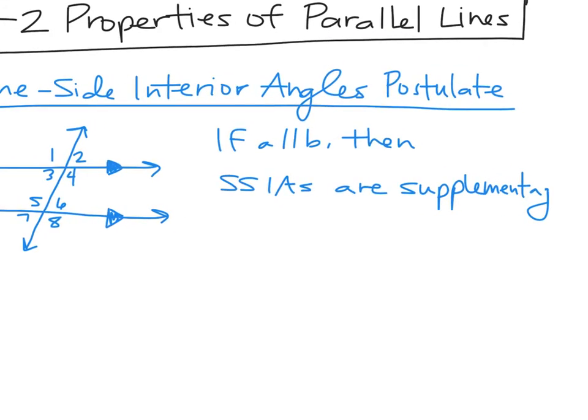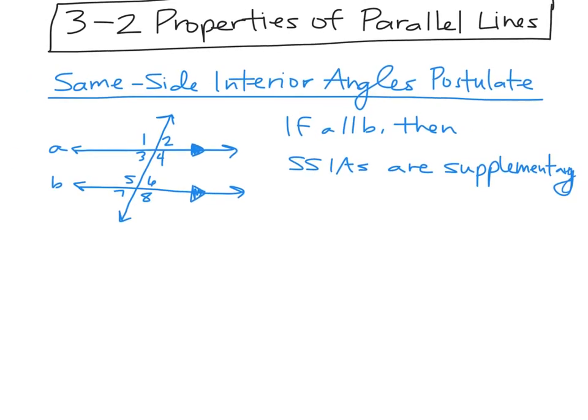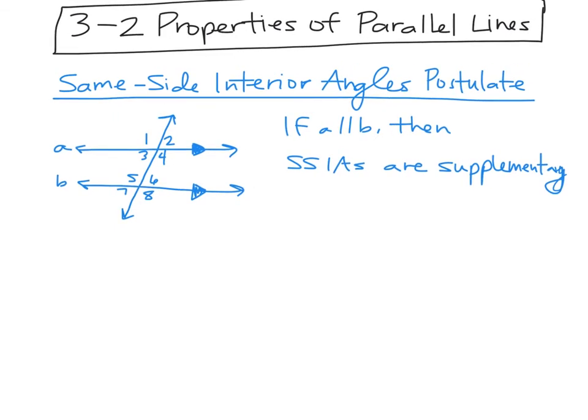Sorry, I ran out of room. So if A is parallel to B here, then same side interior angles are supplementary. In other words, what are my same side interior angles here? 4 and 6 or 3 and 5.